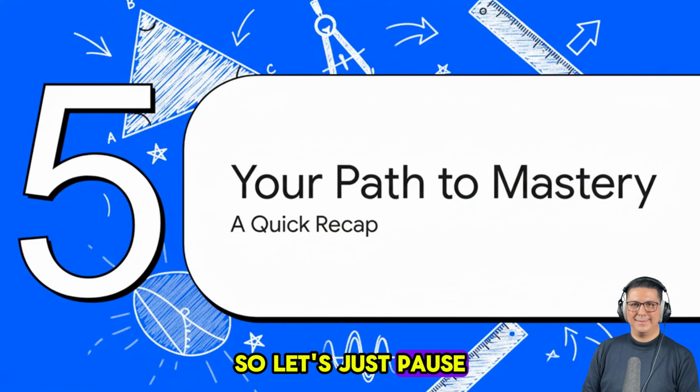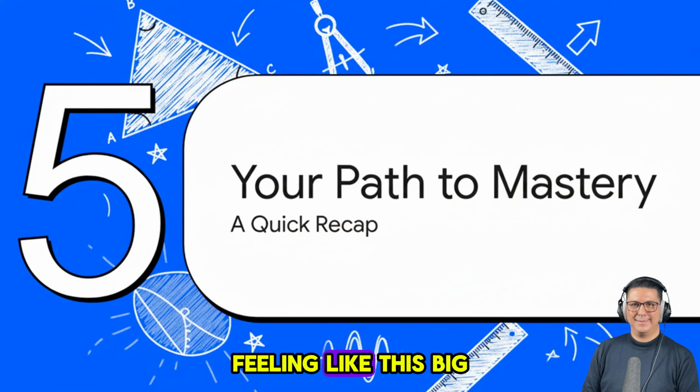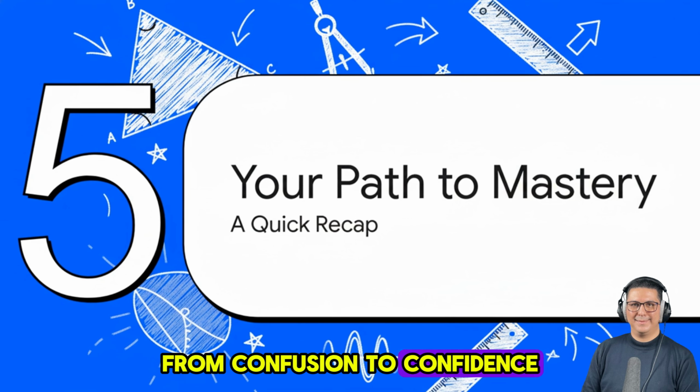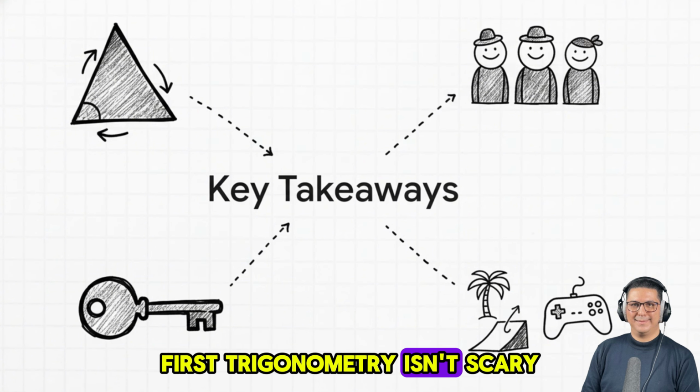So let's just pause for a second. In just a few minutes, we've gone from trigonometry feeling like this big, scary monster to seeing it as a really powerful and practical tool. Let's do a quick recap of your journey from confusion to confidence. So let's just boil it all down. What did we learn? First, trigonometry isn't scary.